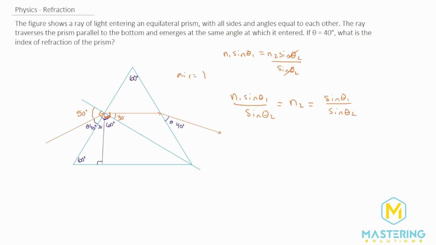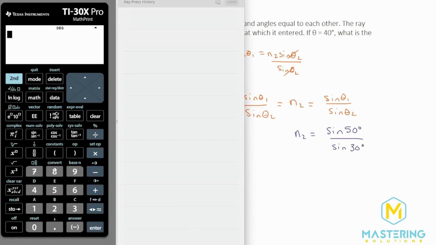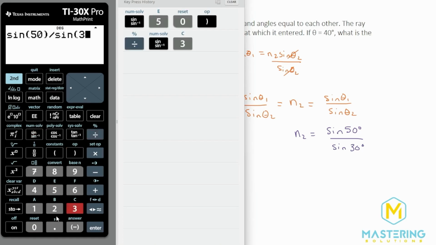So we can plug in our values here to solve for n2, and that's going to be sine of theta 1, which we said was 50 degrees, divided by sine of theta 2, which we said is 30 degrees. So we have sine 50 divided by sine of 30.